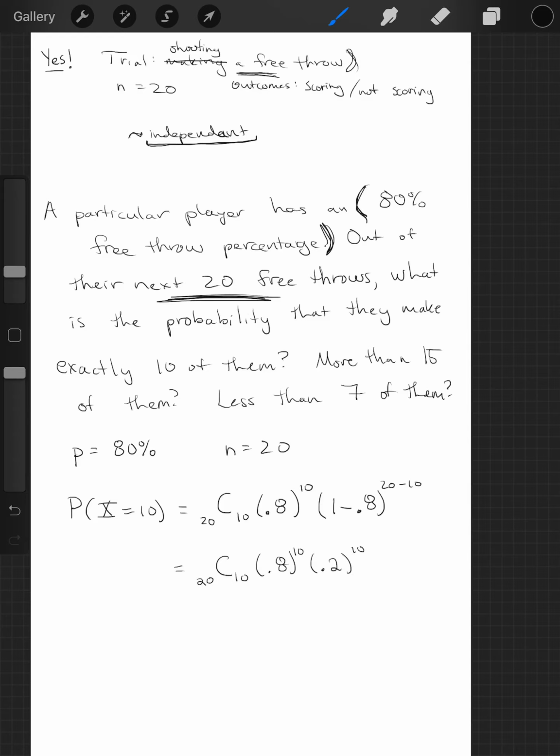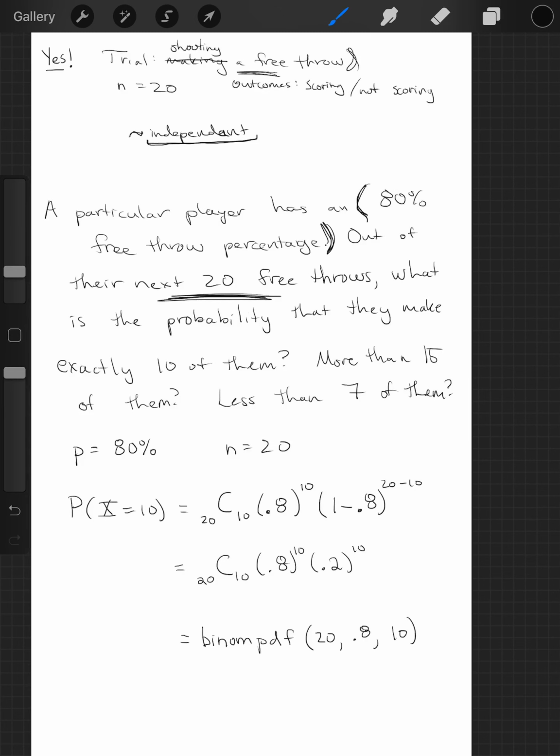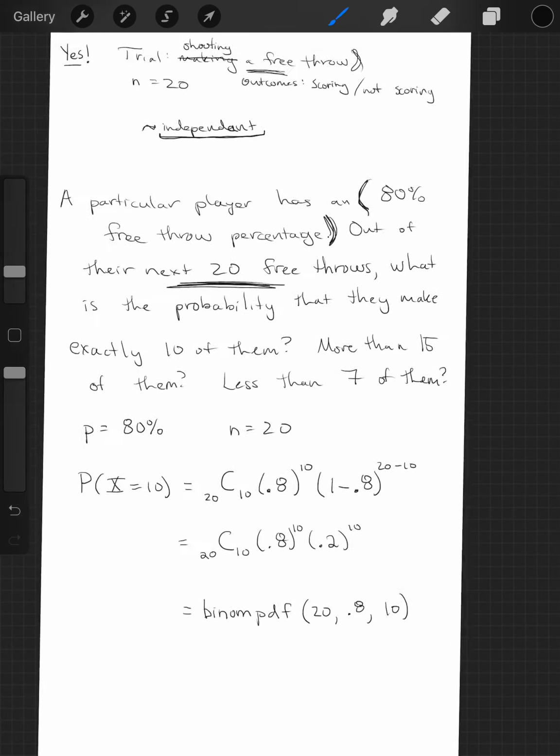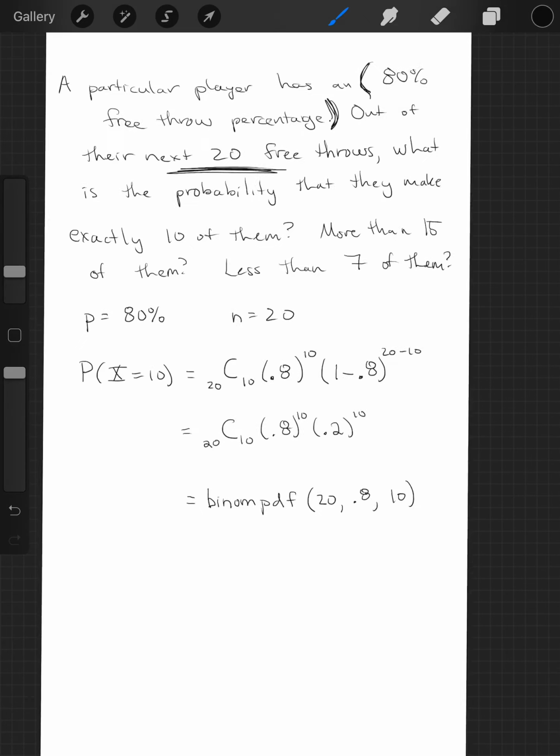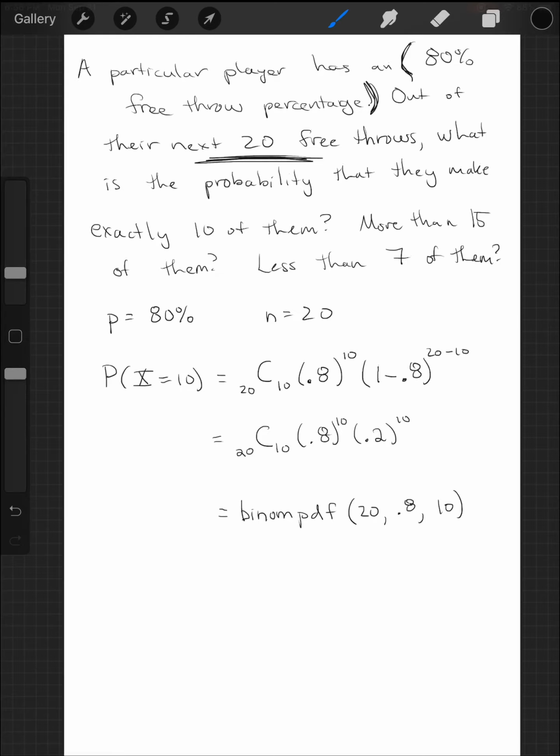So that would be 20 choose 10, 0.8 to the 10, 0.2 to the 10. And we could plug that into our calculator and get a number. We could also say that we wanted the binomial probability distribution function where n equals 20, p equals 0.8, and x equals 10. Either one of those, if we plugged it into our calculator, we should be able to get an answer for it.